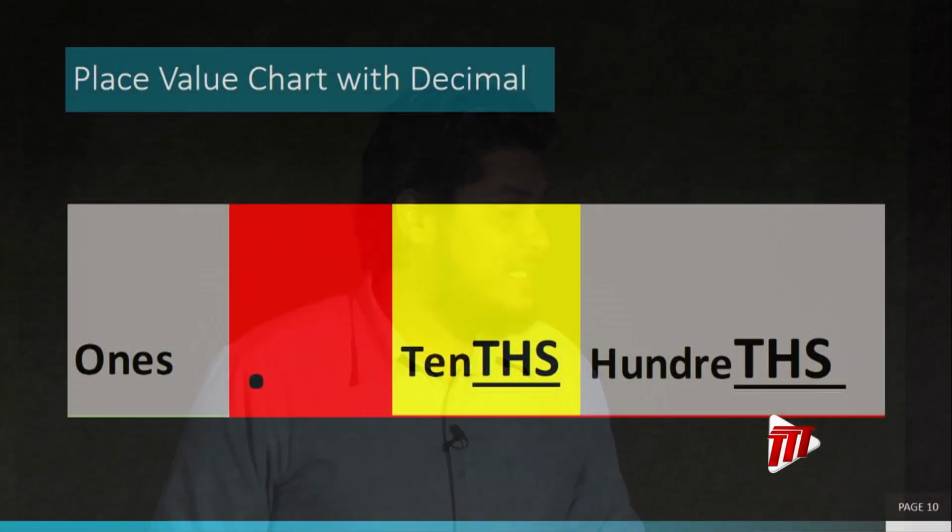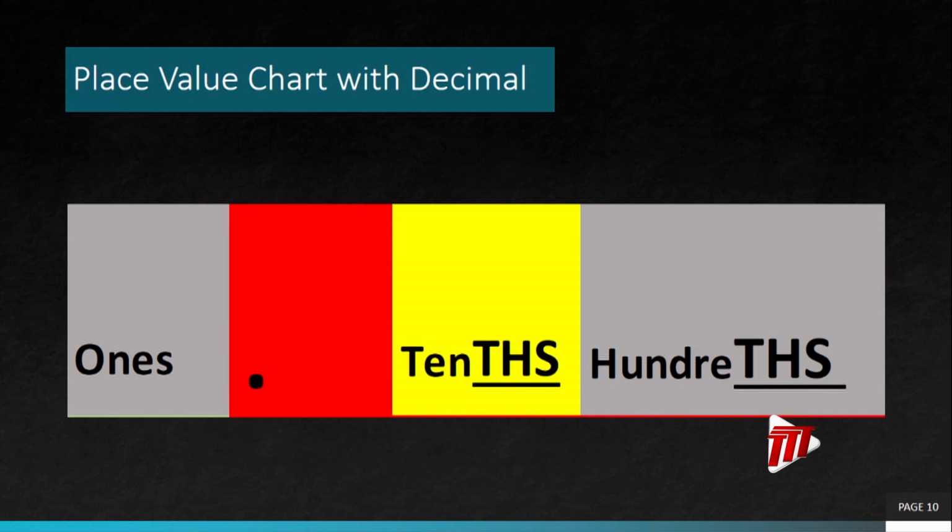Let's look at the name of these family members. So a place value chart with a decimal point. We start with the ones, and then we have a decimal point. And after the decimal point, just for you to understand and for you to learn at this level, there are 2 members, a tenths member and a hundredths member.